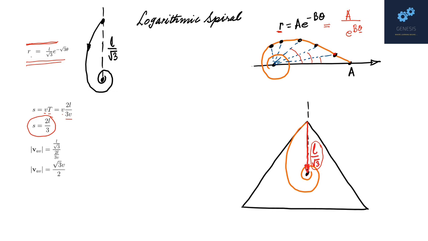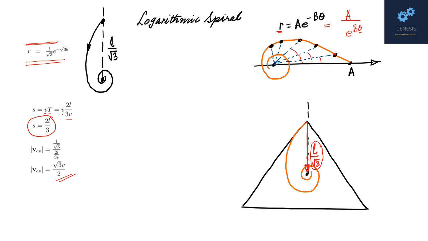Magnitude of average velocity is displacement by time, and you can straight away see that it is going to be root 3 V by 2. What is the average speed? Average speed is just V because it is motion with constant speed. If the motion is with constant speed, then the average speed and the instantaneous speed match.